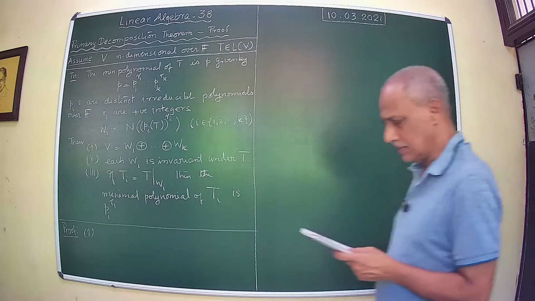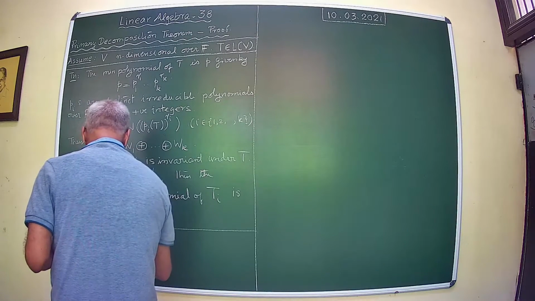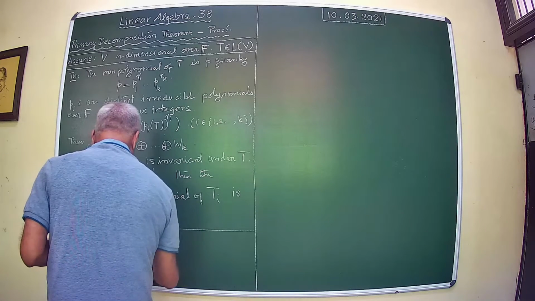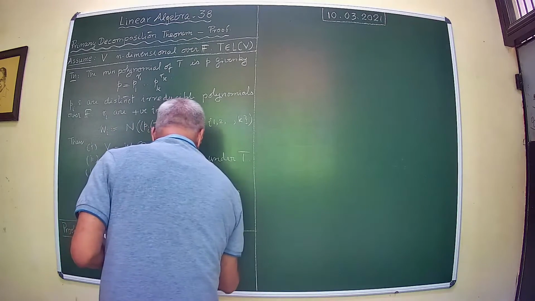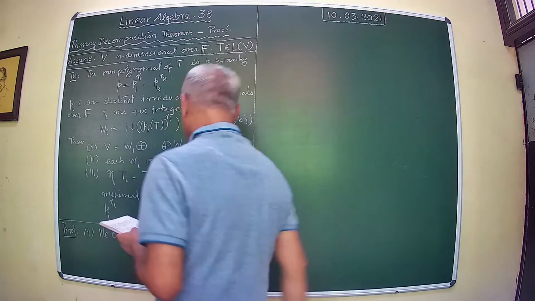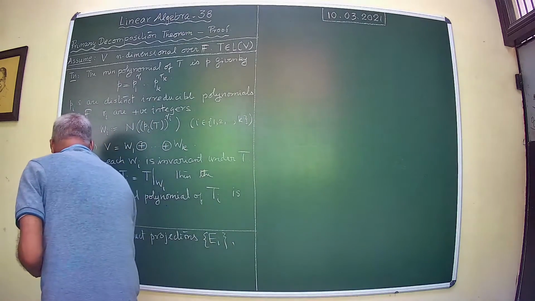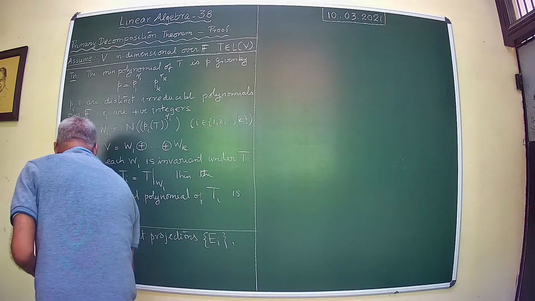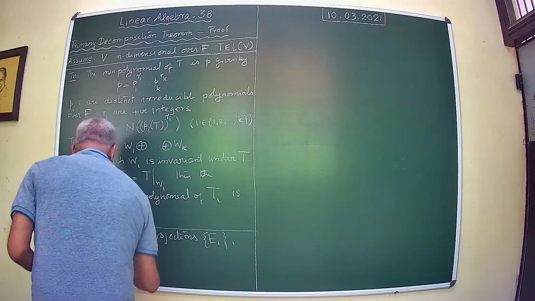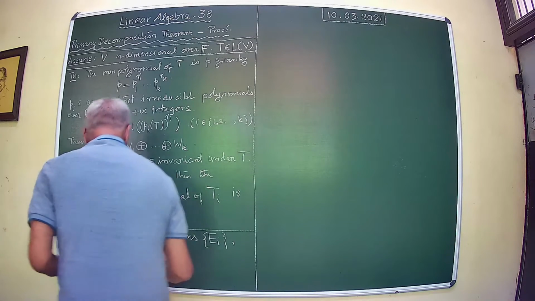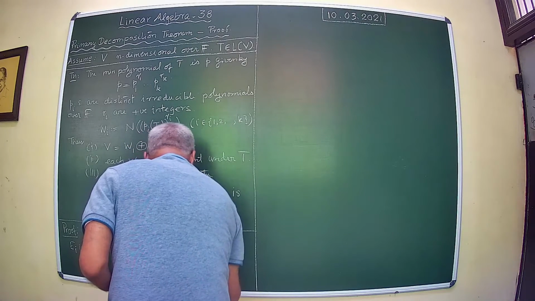Therefore, we get projections, identity on Wi and 0 on Wj.